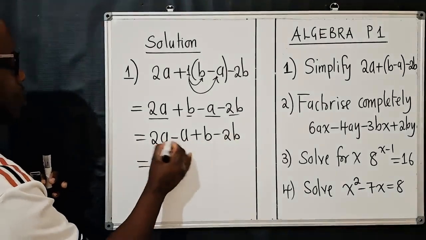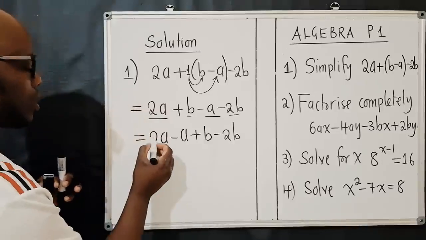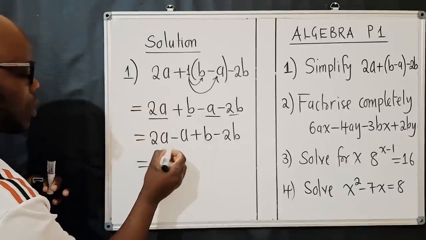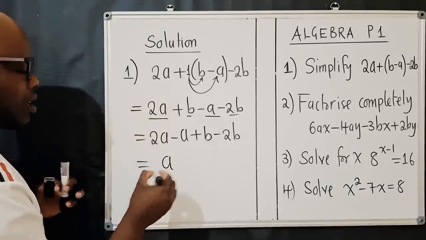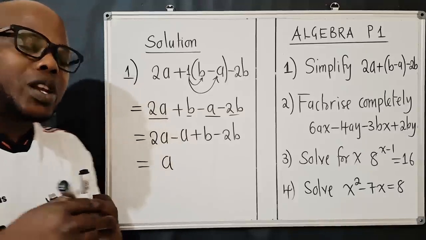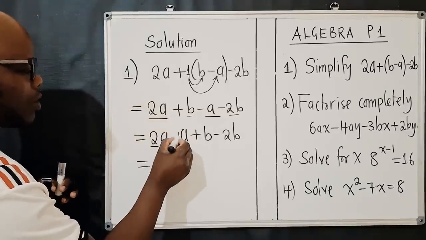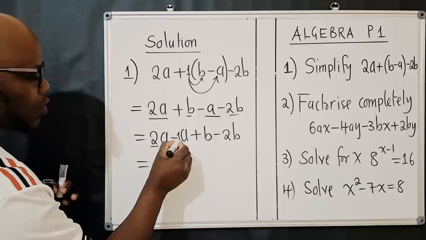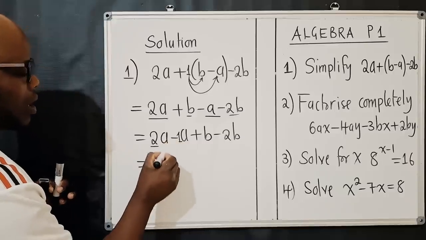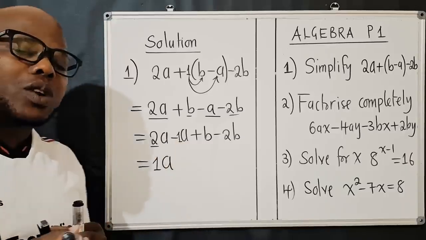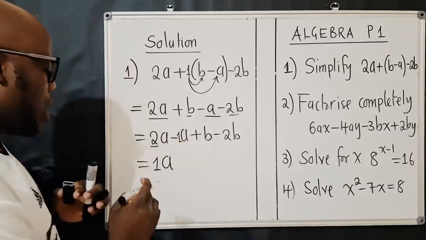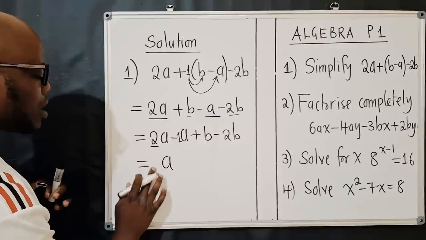The next step will just be to add or subtract. So 2a minus a, that is a. You normally go to the coefficients. So this is 2 and there is a 1 here. So 2 minus 1 is 1, and then you put the letter right there, which is 1a, and for 1a you can just write it as a.